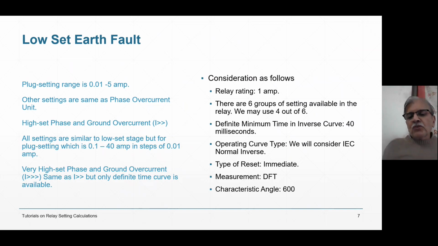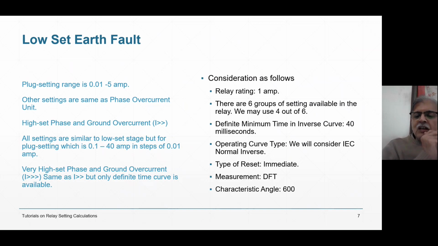Type of reset we are using immediate. Measurement we will be doing DFT, and characteristic angle is 60 degree. There is a typographical mistake. I should have written 60 degree. Probably I have done it for decoration also, where they may not have that facility in their software.